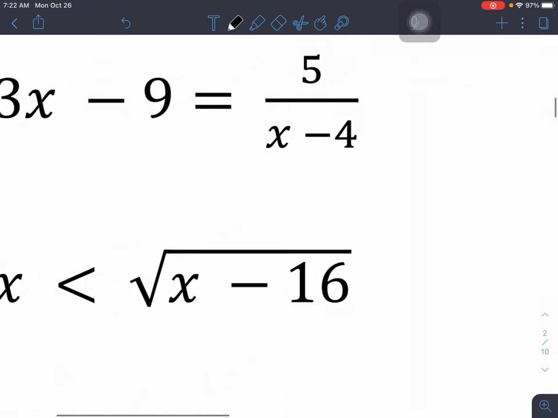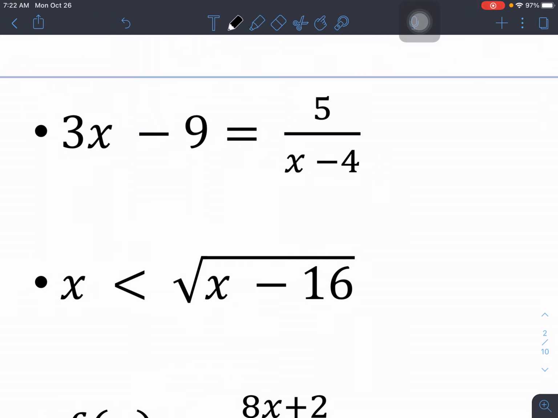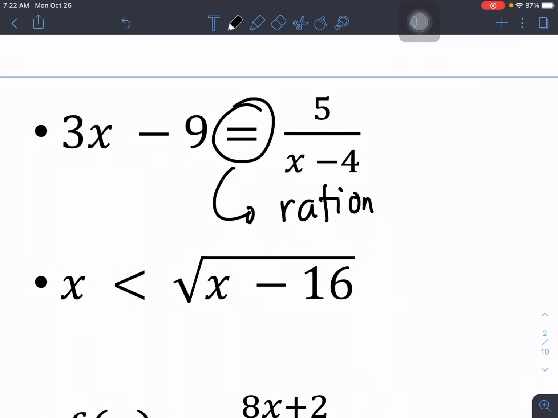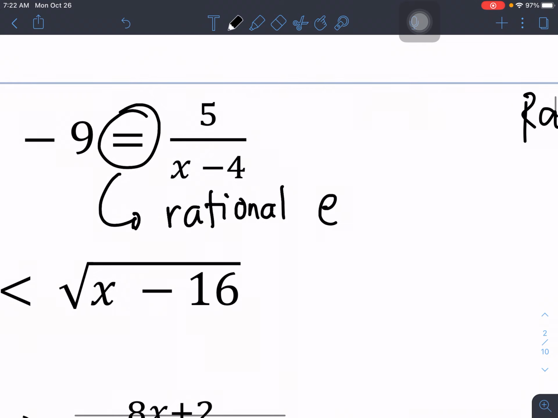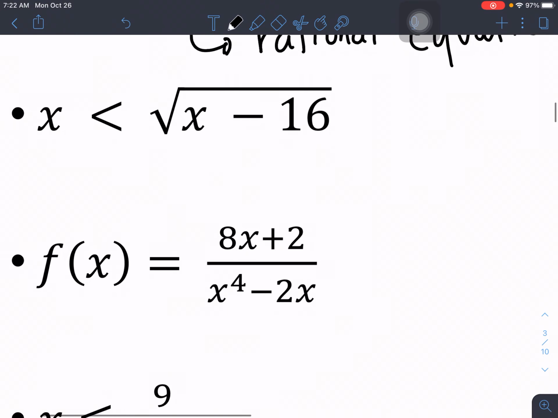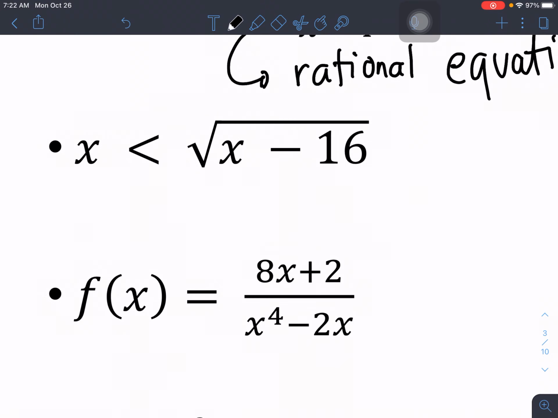Okay, 3x minus 9 is equal to 5 over x minus 4. So we have here an equal sign, and everything is a rational expression, thus this one is a rational equation. Next one, x is less than square root of x minus 16.